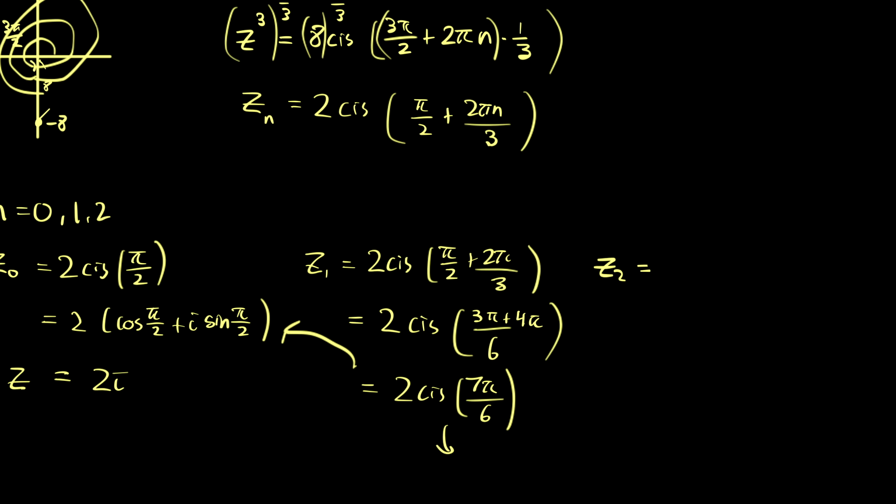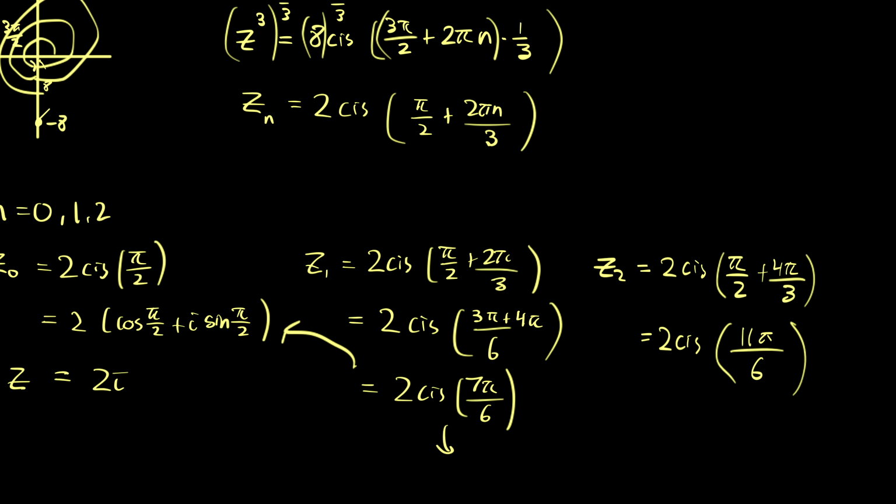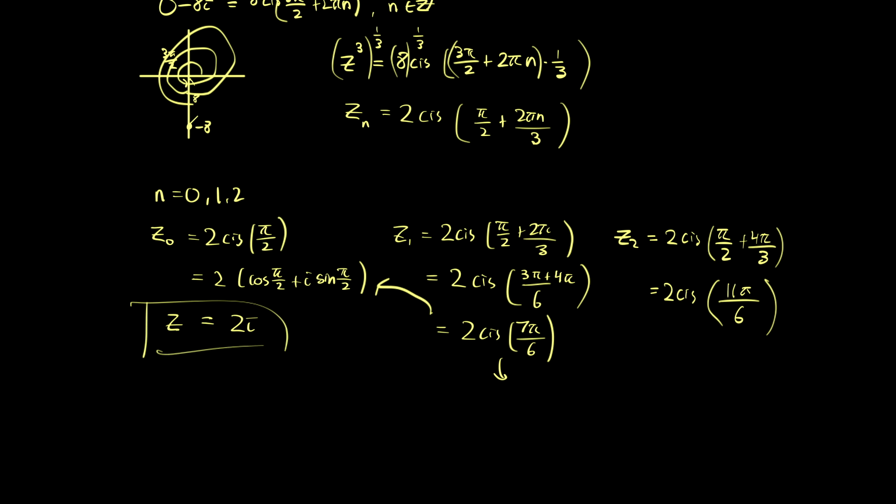And z2 is going to be 2 cis of pi over 2 plus 4 pi over 3. So this becomes 2 cis of 3 pi plus 8 pi over 6, which is 11 pi over 6. So there you have it. Those are the 3 solutions to this problem. Just like that.